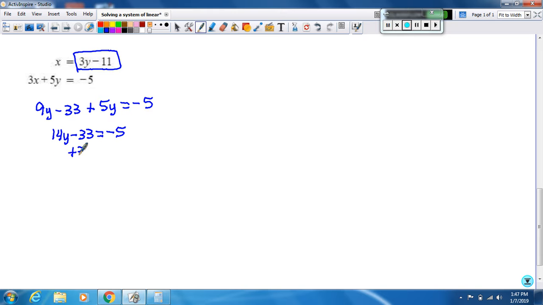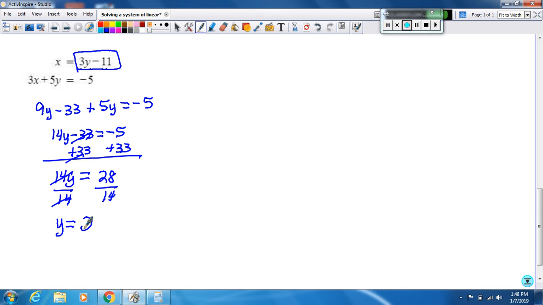I'm going to add 33 to both sides. Bring down the 14y. Opposites cancel. Bring down the equal. 33 take away 5 is 28. Divide both sides by 14. Top cancels with bottom.